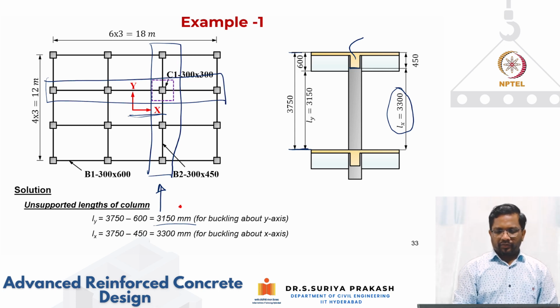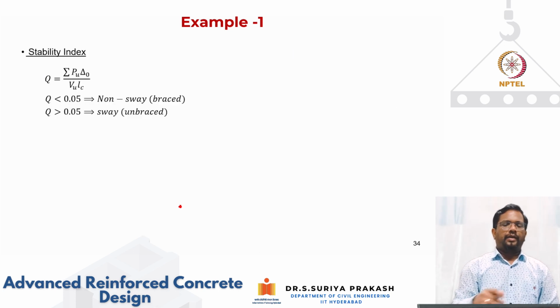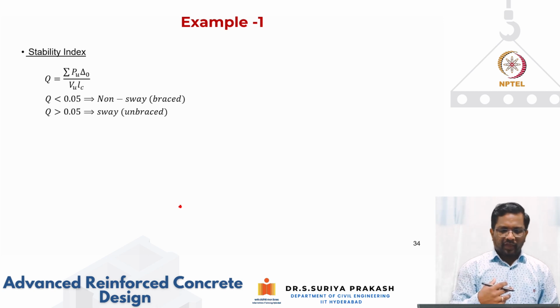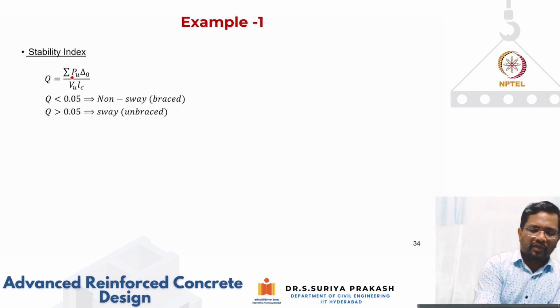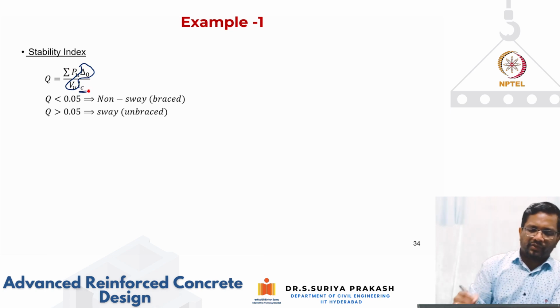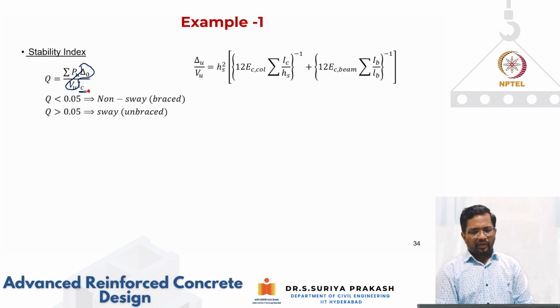If you go back, our objective is to calculate the stability index first, to determine whether this column is part of a braced frame or an unbraced frame. To do that, I need to calculate the lateral flexibility that we derived, which is delta naught by Vu, with summation of Pu already given as 7500, and the height of the story given.